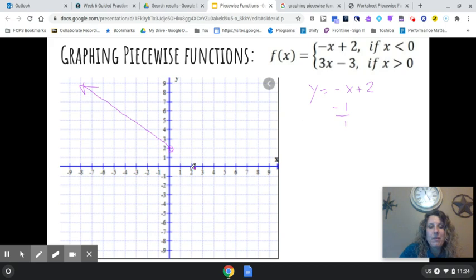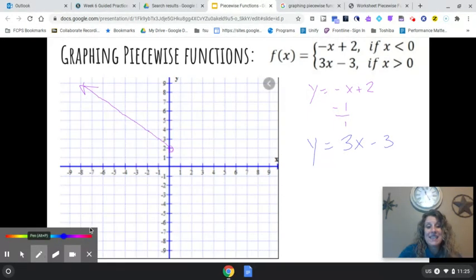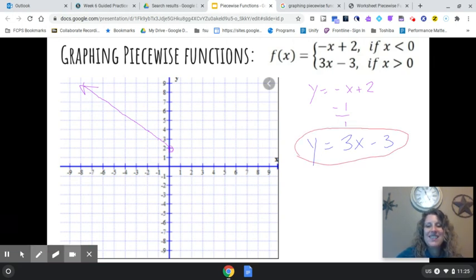Okay, I'm going to switch colors and let's go ahead and take a look at the second function. Y equals 3x minus 3. And actually, I think I'm going to put that in red instead of blue because my graph is blue. So my y-intercept is at negative 3.